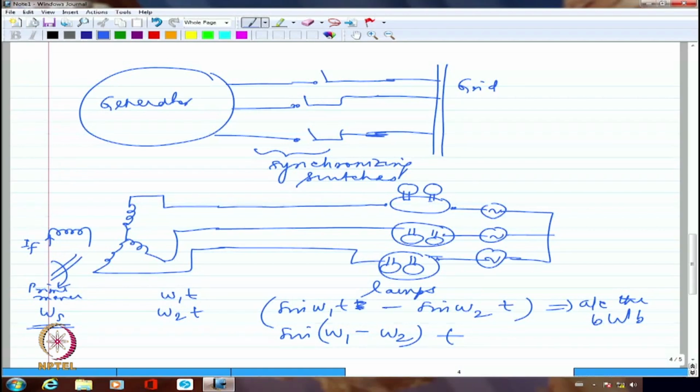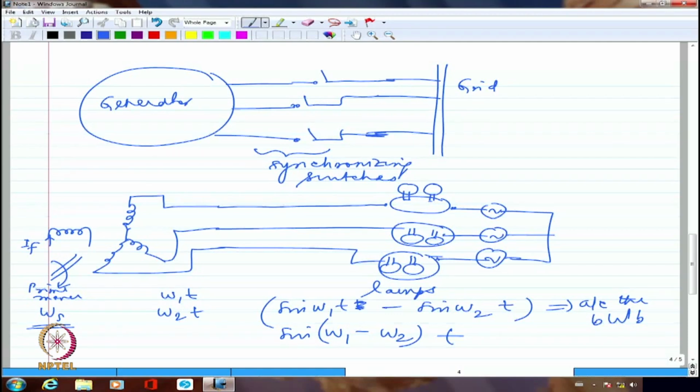So I have to continuously observe the lamp and adjust the speed slightly. Maybe I am thinking that it is running at 1500, and I have increased it to 1510, 1515 RPM. I am seeing that the intensity is changing very fast, increasing and decreasing very, very fast. That means I have gone in the wrong direction, so I have to come back.